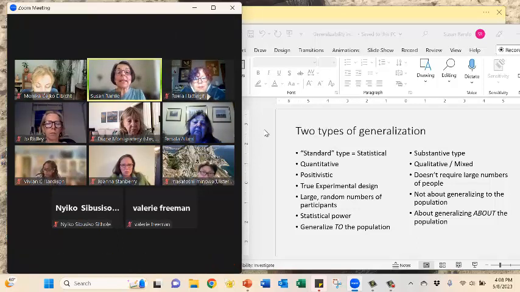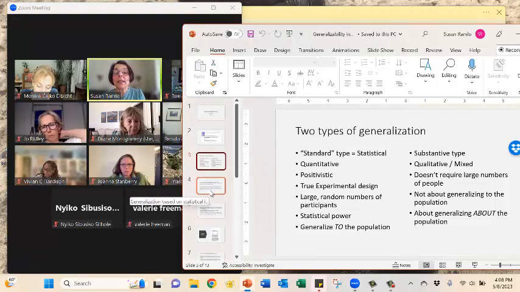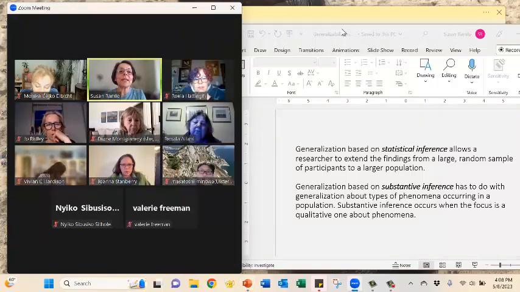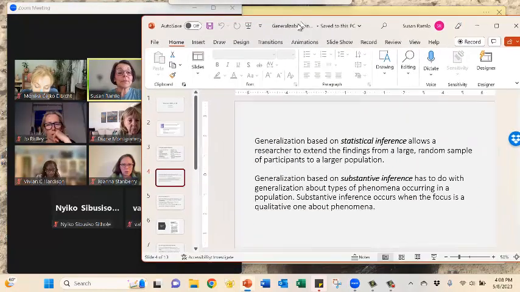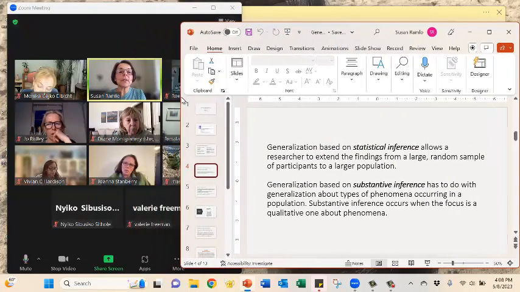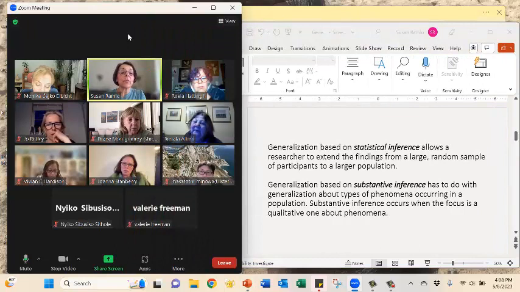So the idea really is not about percentages, or as Steve Brown says, I think in political subjectivity, it's not about counting noses. Instead, it's about looking for types of people.